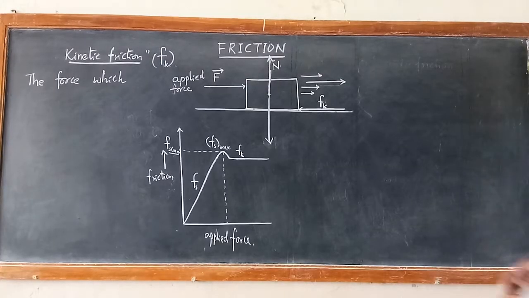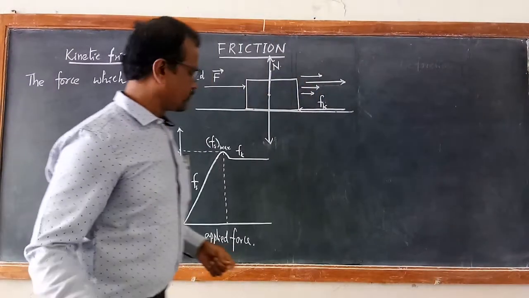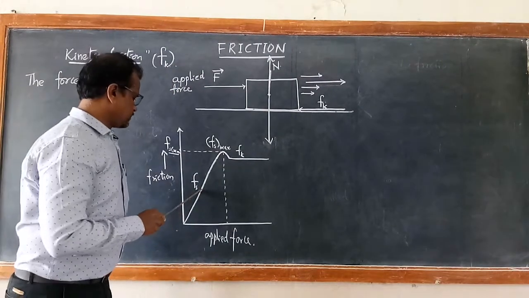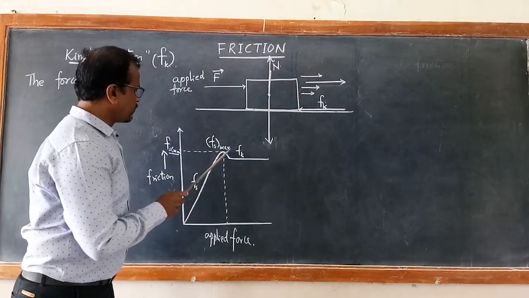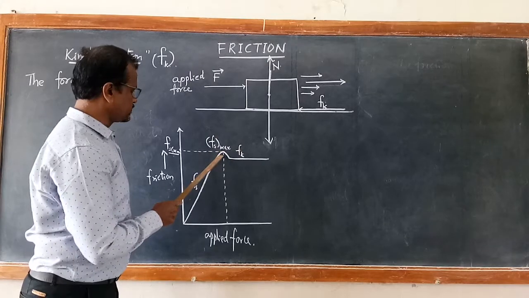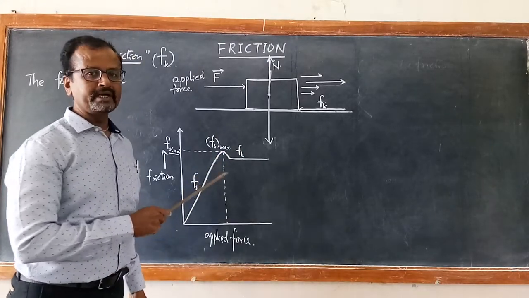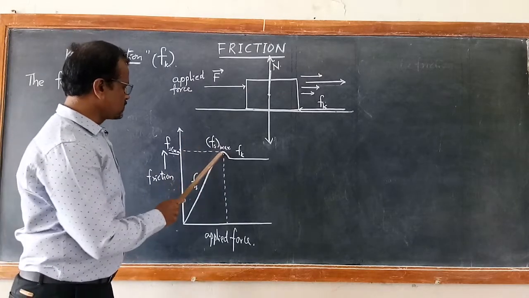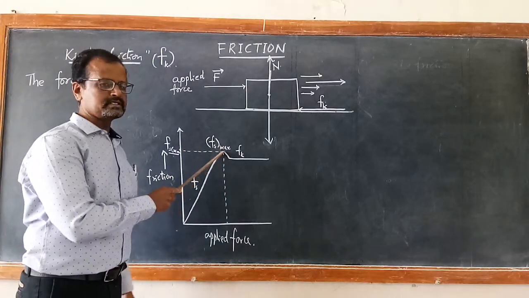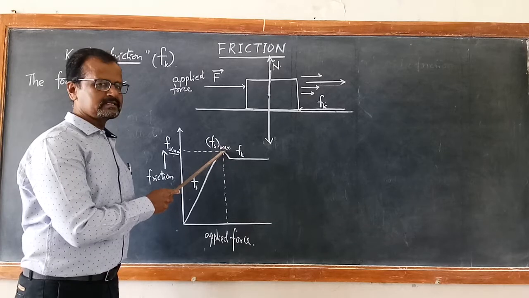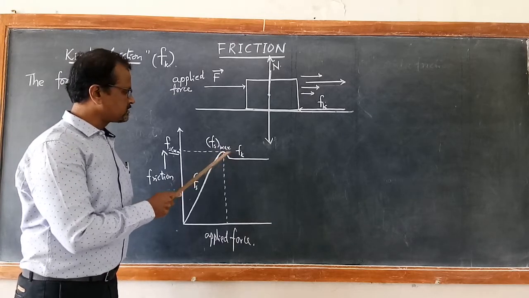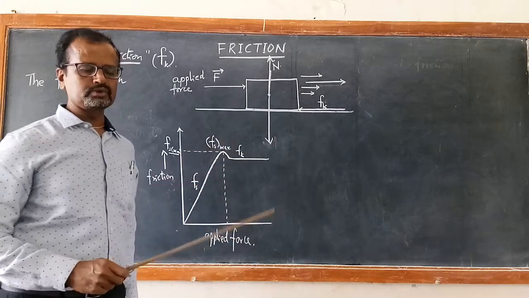Once again, we will see this. When the body is still at rest, the force which opposes the impending motion is called static friction. Once the applied force reaches this maximum value, Fs max, beyond that the body is suddenly set into motion.